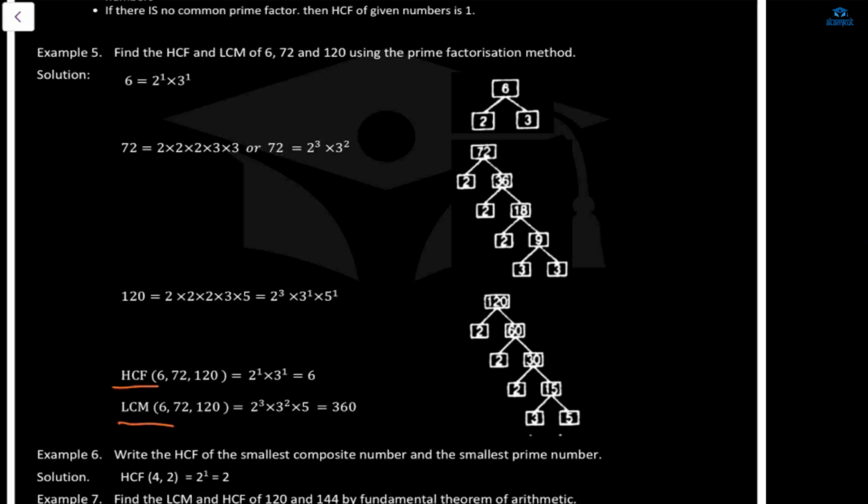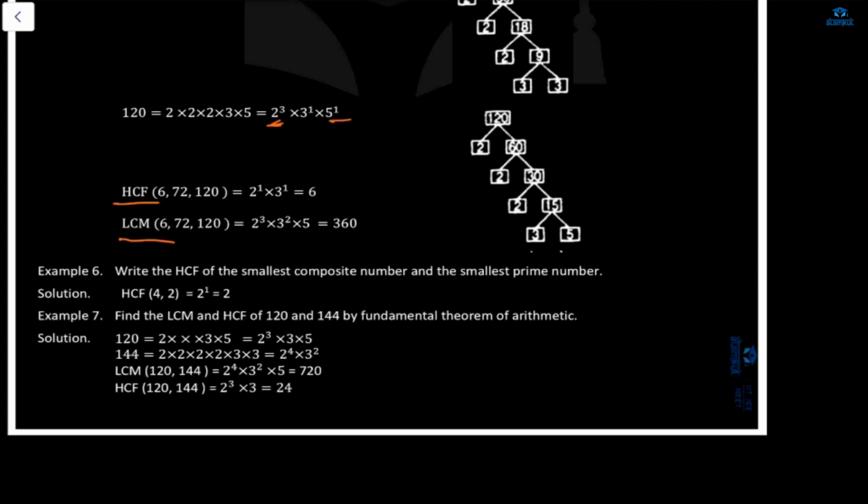For example, 5 is there only in 120. It's not there in 72 and 6. But since it is there in 120, you are going to pick that. Like 2 to the power 3 is the highest, so we will pick 2 to the power 3. 3 to the power 2 is the highest, so we pick the highest power in LCM.